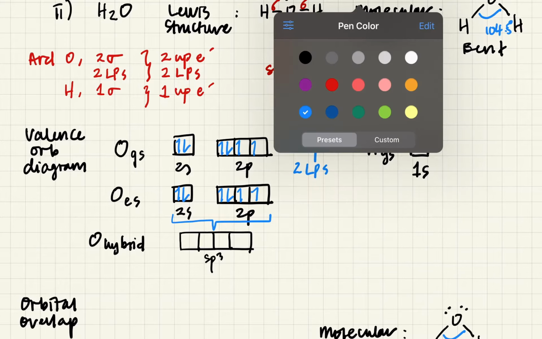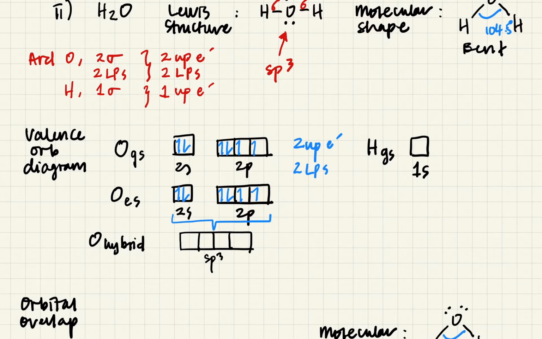Okay, so fill in your electrons. 1, 2, your 2 lone pairs and your 2 unpaired electrons. Okay, so this one is already the same as this one here. So later you will make 2 sigma bonds and you will have 2 lone pairs at your oxygen.